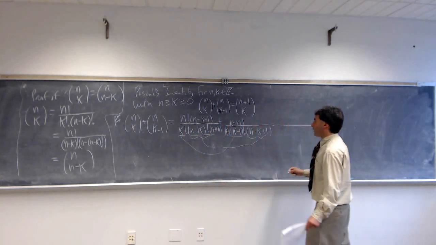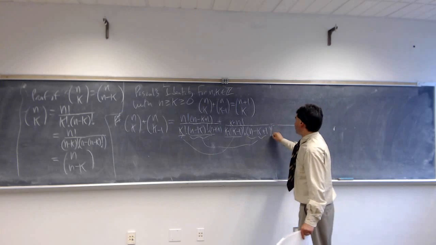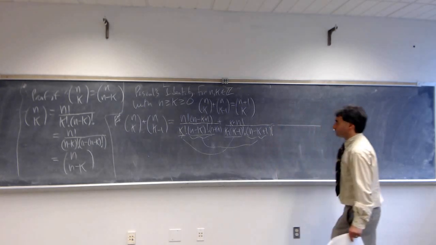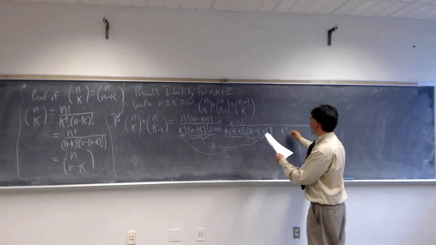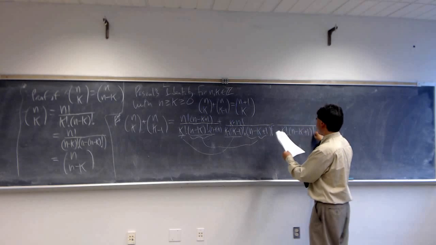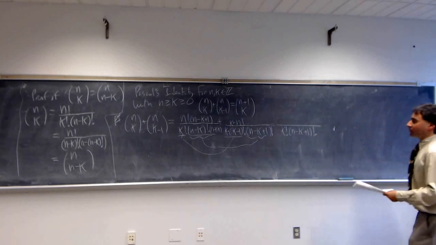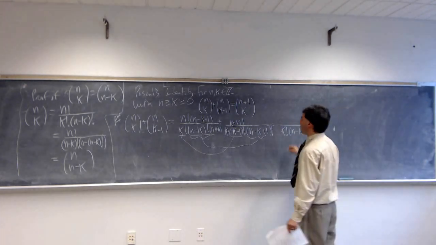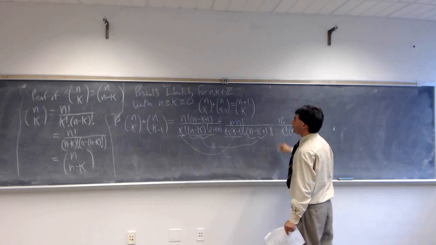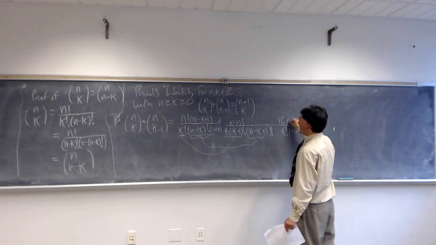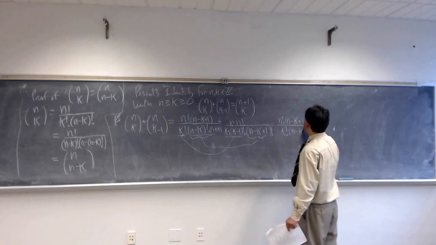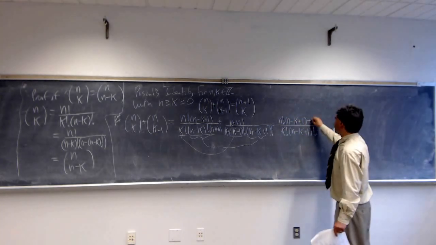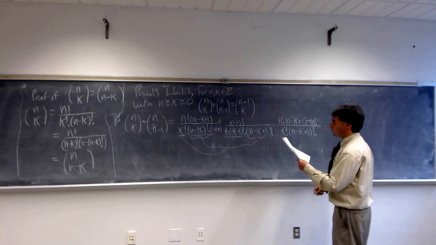So basically, oh, I've forgotten the factorial sign here. We basically have k factorial over n minus k plus 1 factorial. And in the numerator, we'd have n factorial times n minus k plus 1, and then plus n factorial times k.